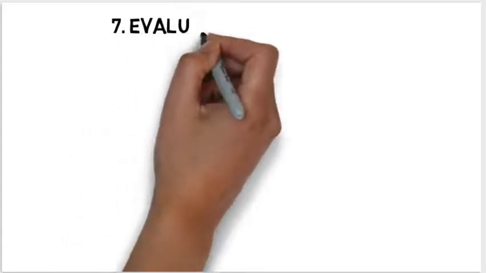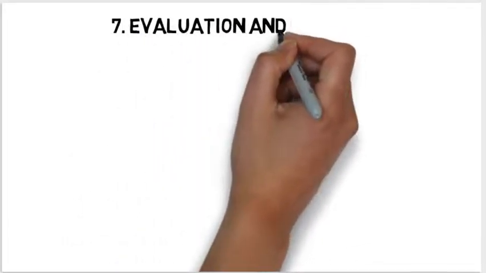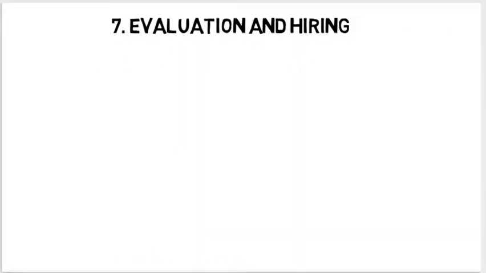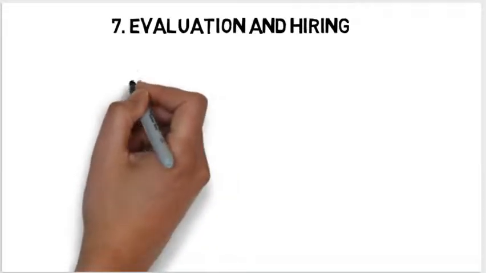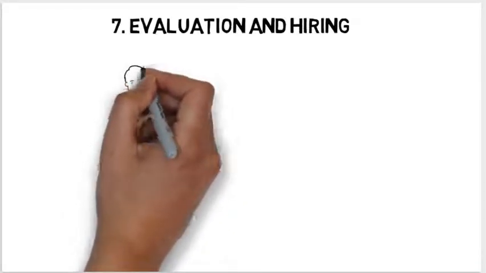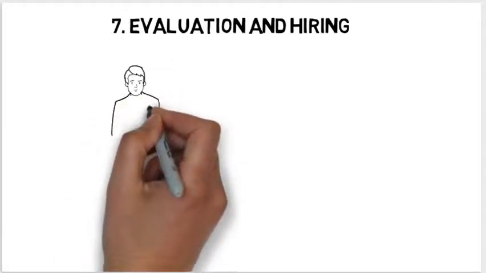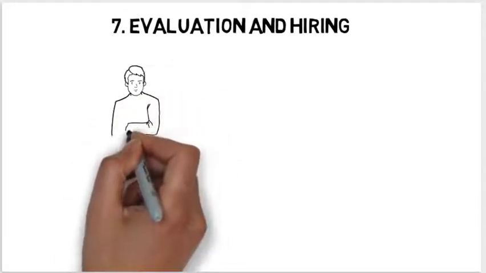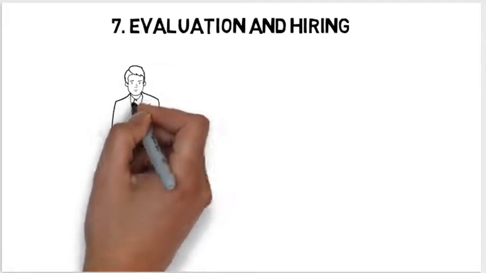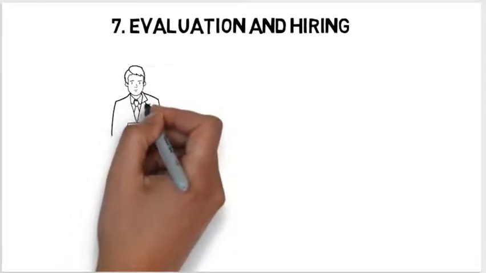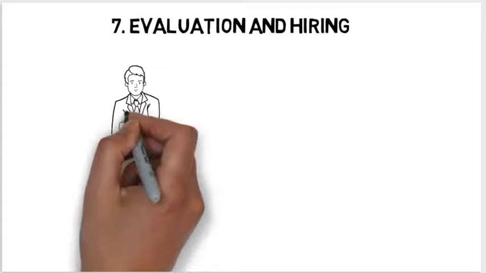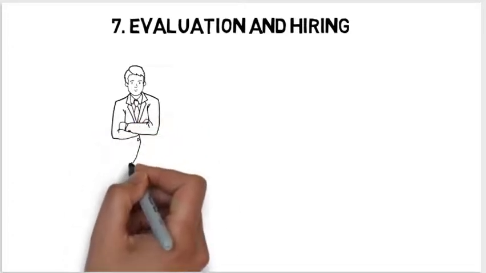Seventh, evaluation and hiring. The final function of recruitment is the evaluation of all the information gathered about the candidates the managers are considering. Based on this data, the managers think critically about what they have learned about the applicants and what the company needs.